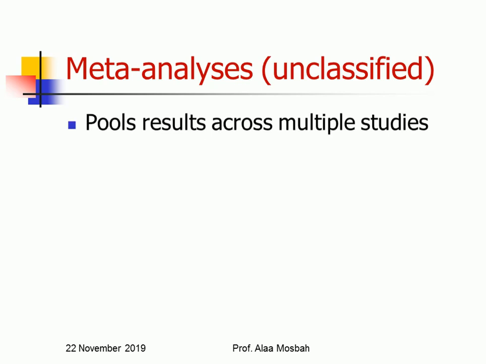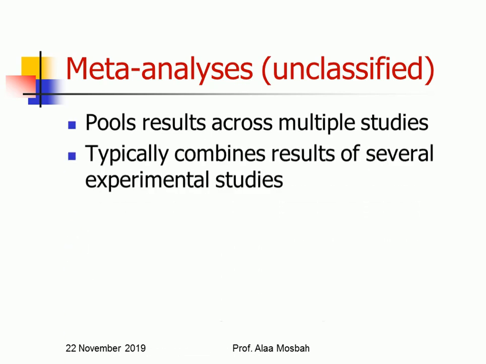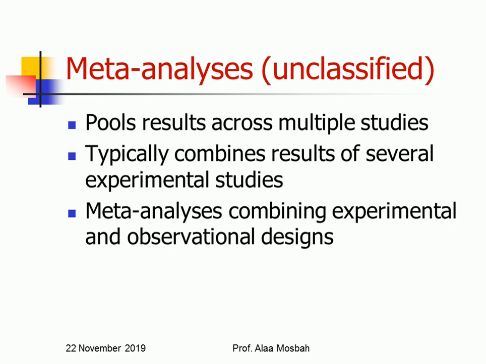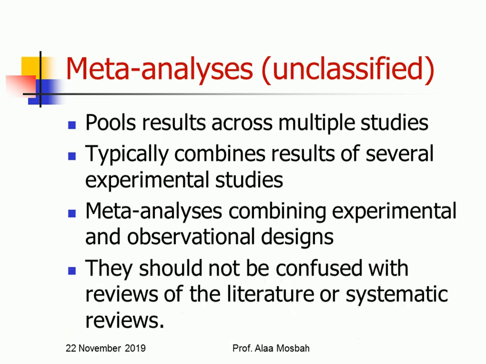It pools results across multiple studies, and typically combines results of several experimental or interventional studies. Meta-analysis may combine experimental or interventional and observational designs. These shouldn't be confused with reviews of literature or systematic reviews.